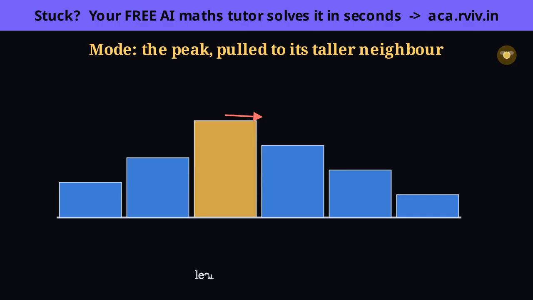So we compare the two drops, F1 minus F0 on the left against F1 minus F2 on the right. Wherever the drop is smaller, that neighbor is the taller one, and the mode leans that way. That's precisely what the formula, F1 minus F0 over 2F1 minus F0 minus F2, does. It measures how lopsided the peak is and slides the mode into the modal class by exactly that fraction of its width.